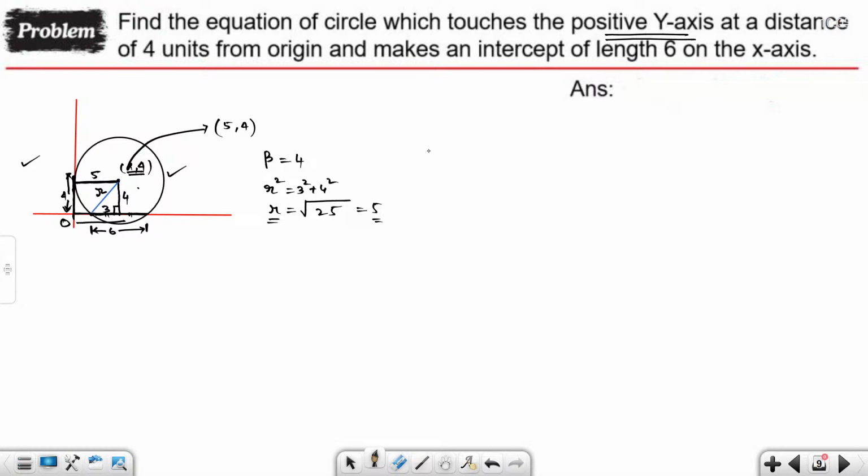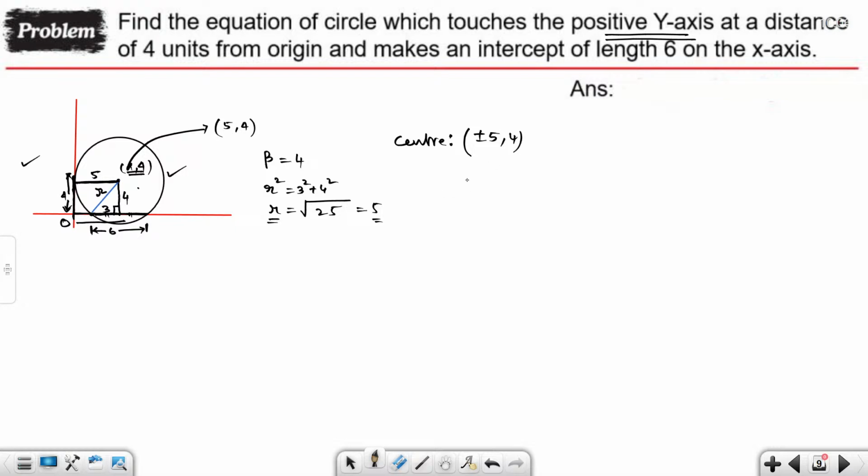Therefore, the center will be plus minus 5, 4. When it is in the first quadrant, the center is 5, 4. When it is in the second quadrant, the center is minus 5, 4.